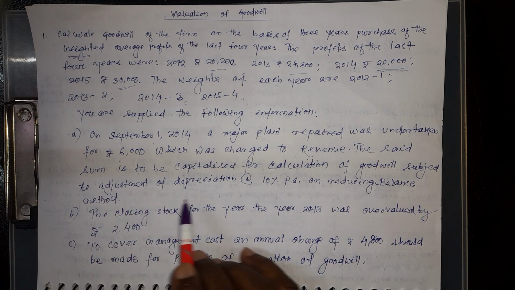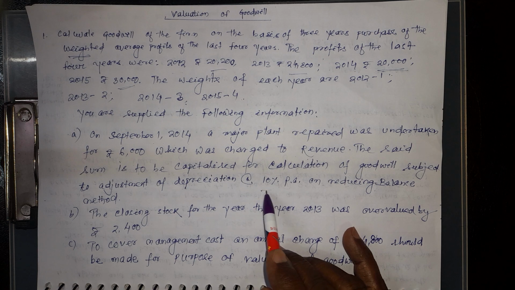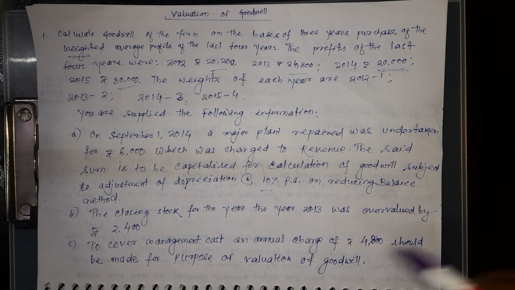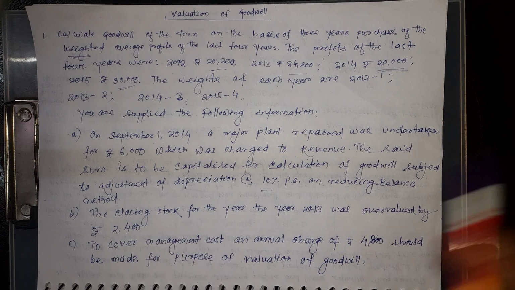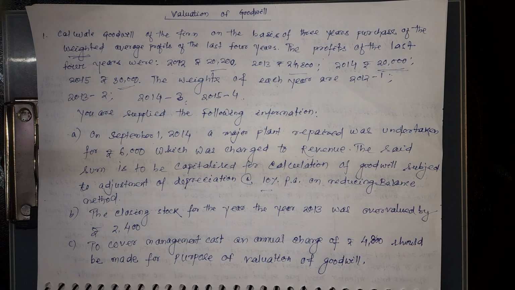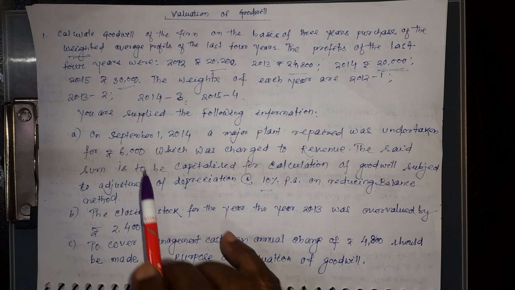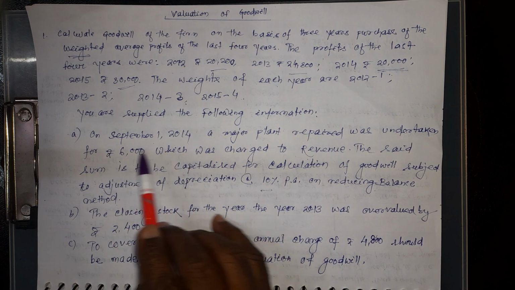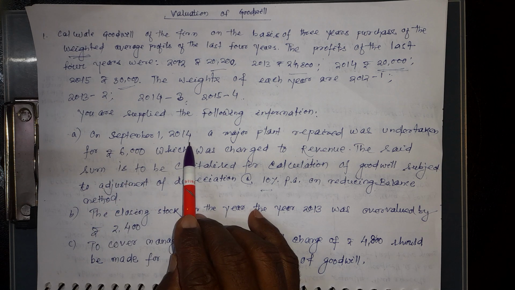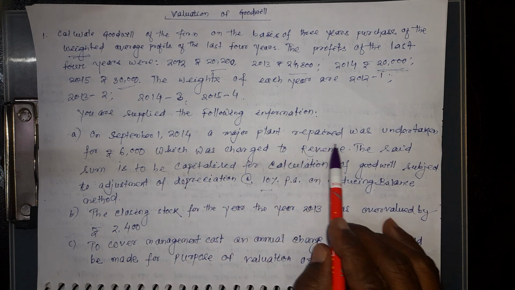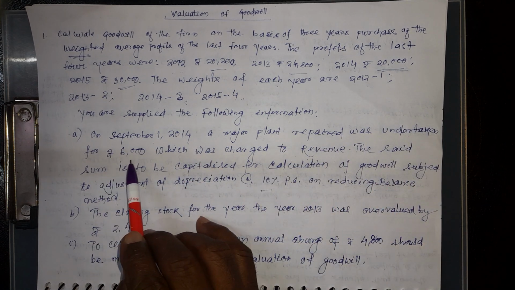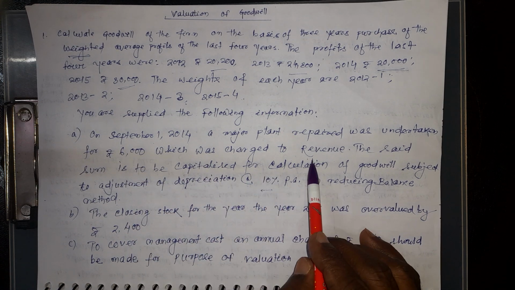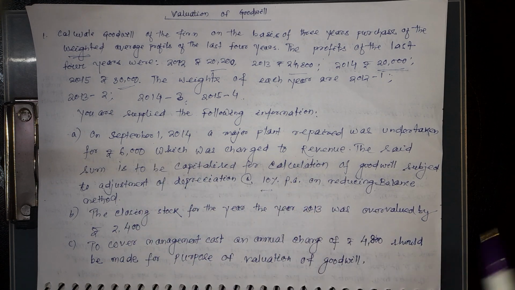Subject to adjustment of depreciation at the rate of 10% per annum, on the reducing balance method, that means written down value method. Let me explain again. On 1st November 2014, a major plant repair was undertaken, rupees 6,000, which was charged to revenue, so it is already treated as revenue nature.